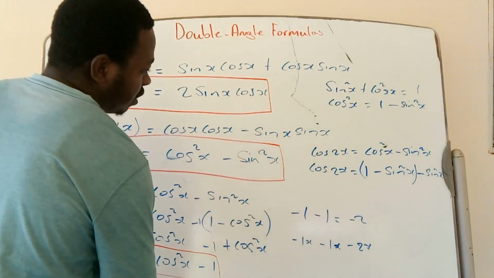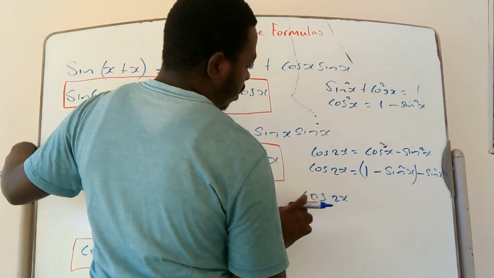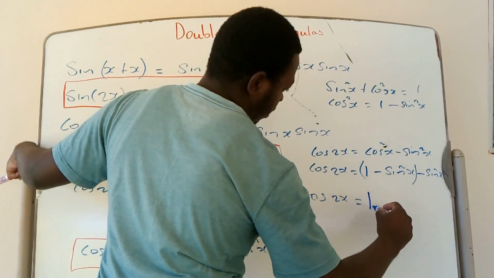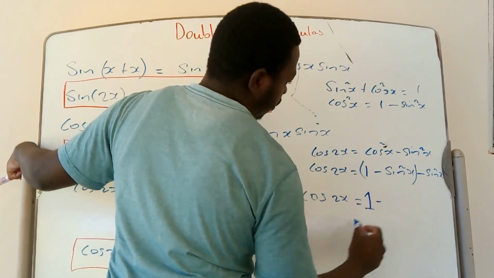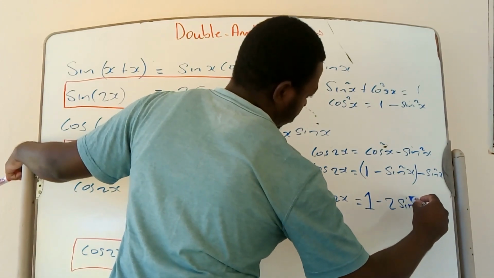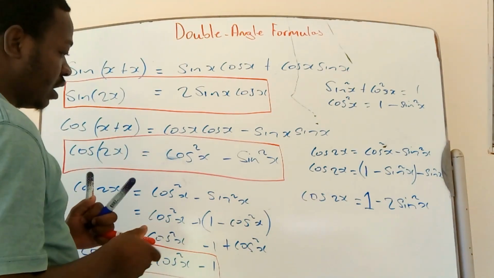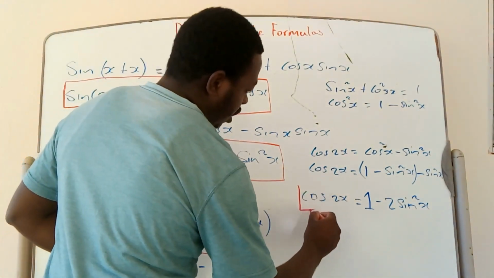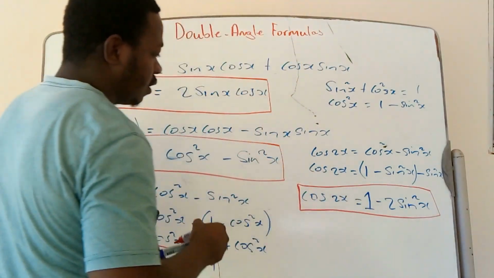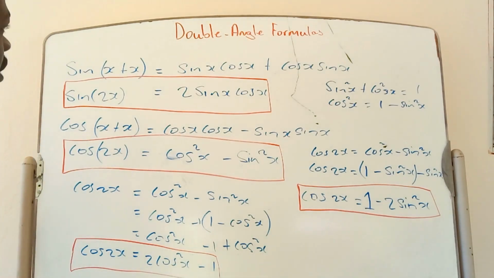You get what I'm saying there? So this can be further simplified to this. So cos 2x is therefore equal to 1 minus 2 sine squared of x. And that is the third version of cos 2x. Isn't that beautiful?